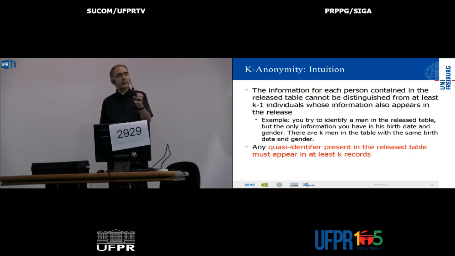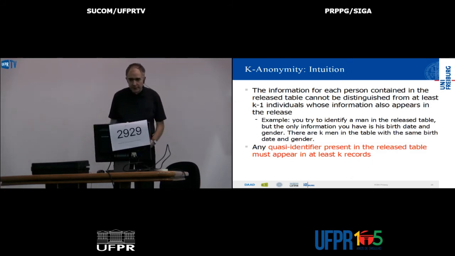In the sense, you're not alone. There are K minus one other people sharing the same data, which at least is better than being unique. If K is 2, that's a stupid concept. Assume K equals 10, then there are another 9 with the same properties.